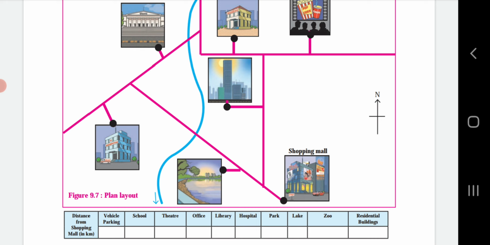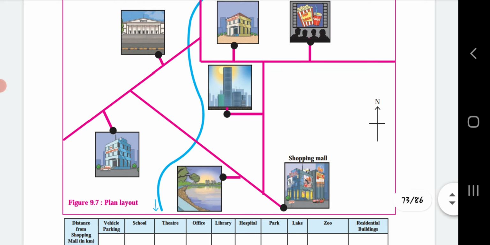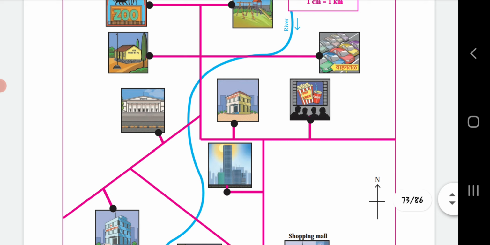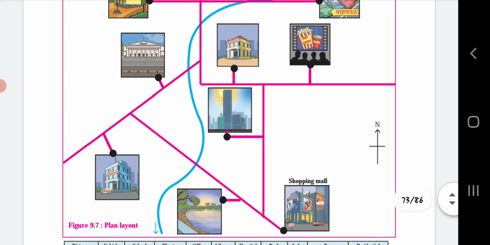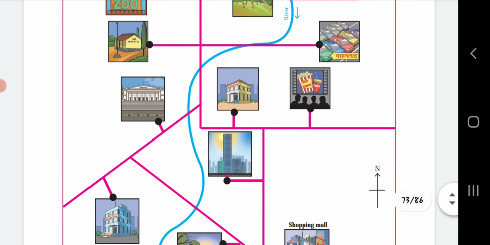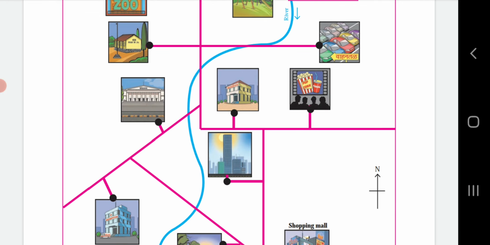And from shopping mall to school, the distance will be 1.3 plus 6.5 plus 3.2 plus 4.2 plus 2.7, that is equal to 17.9 kilometers. For theatre, 1.3 plus 6.5 plus 2.5, that is equal to 10.3 kilometer.